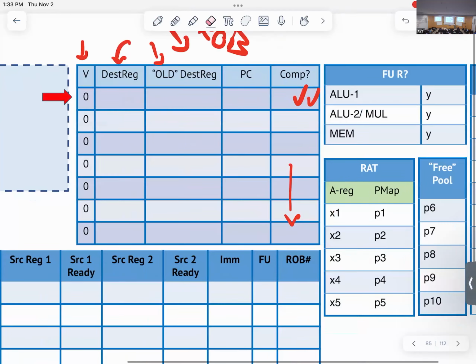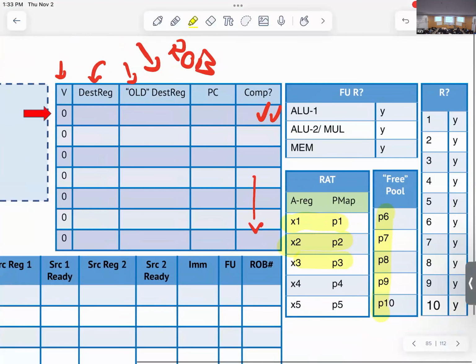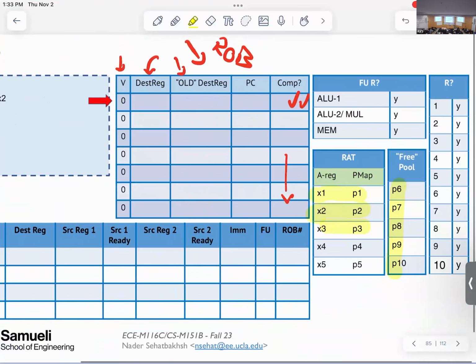Another thing that I have, and you have seen before, is my RAT table and my free pool. Again, consider the same 5 architectural registers and 10 physical registers. At the beginning, I have an initial mapping between them, okay? Then I have 2 other things here. This is for the functional units, the ready column, which shows whether your functional units are ready or not.